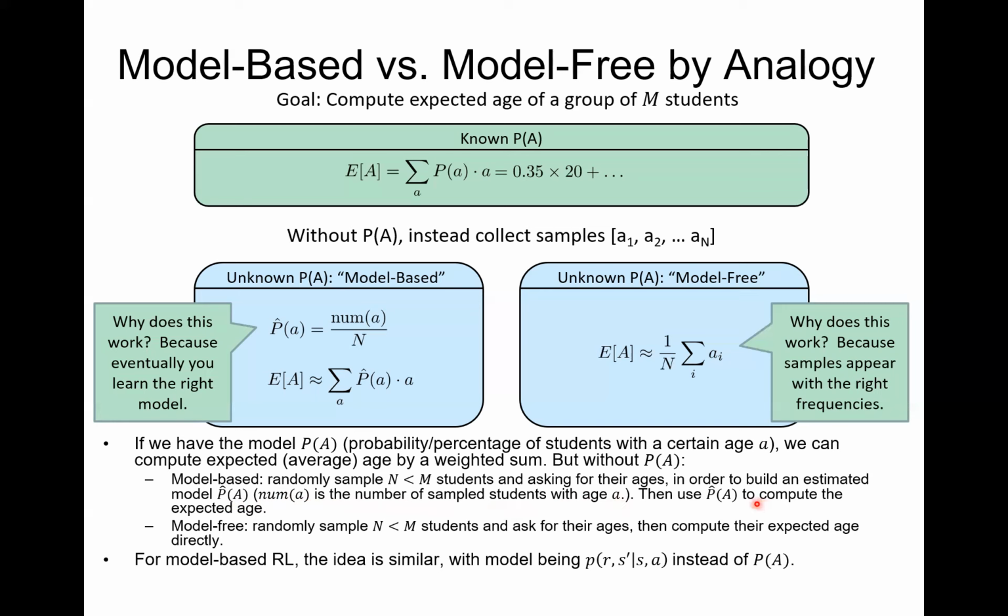Then you use p hat to compute the expected age. So estimation of p hat by sampling and take expectation over the empirical estimated p hat. Or if it's model-free, you randomly sample n students and ask for their ages and then compute their expected age directly, taking an average over all the a_i.